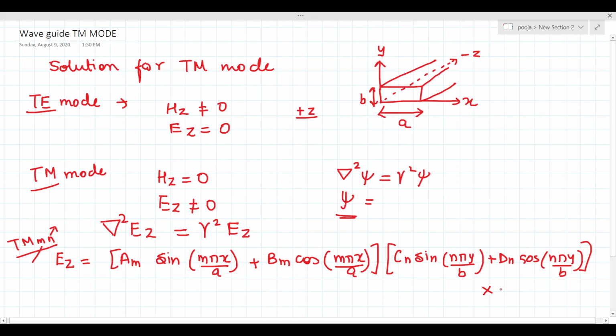Since the wave is being propagated along Z direction, we'll take the propagation constant e to the power minus j beta g z. Let's give it equation number 1 here.